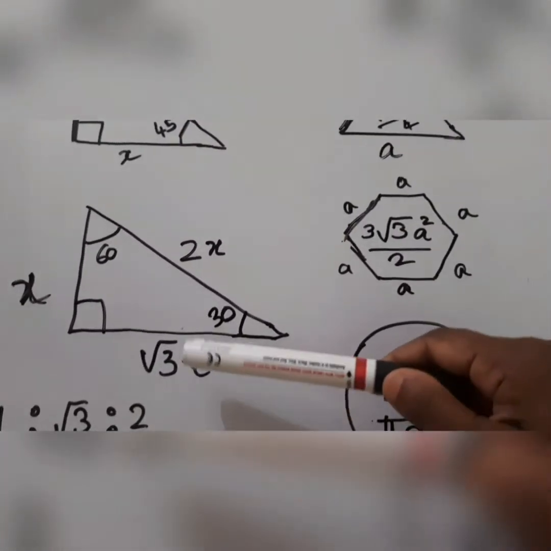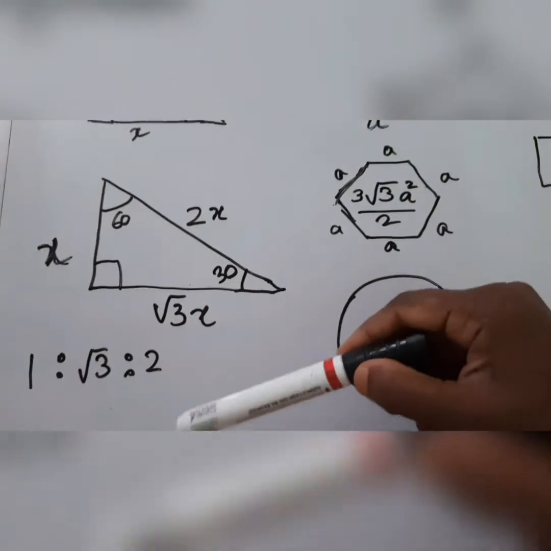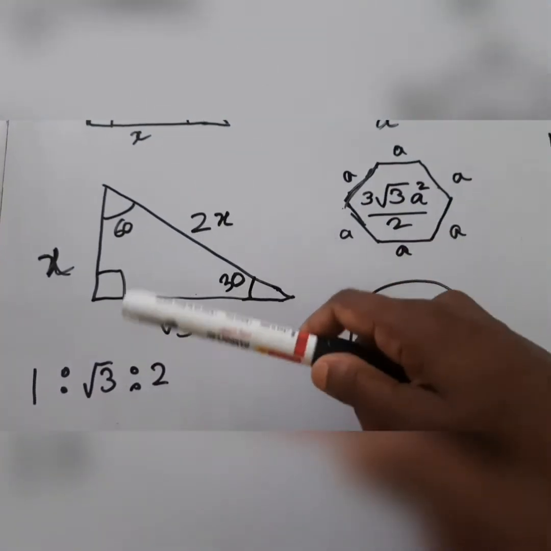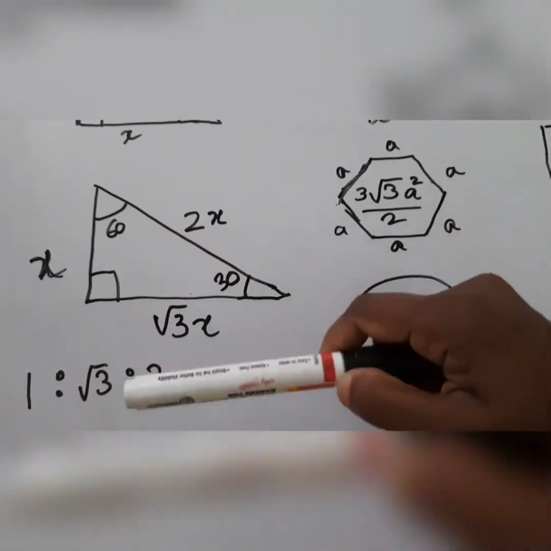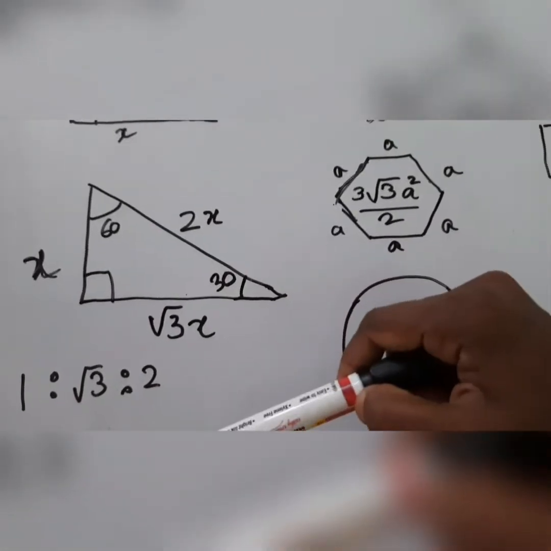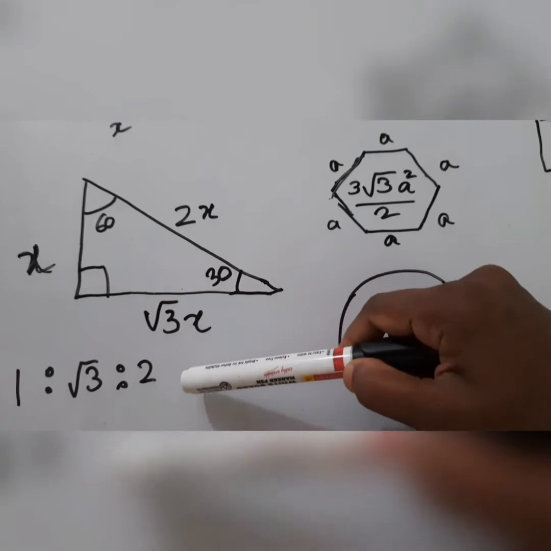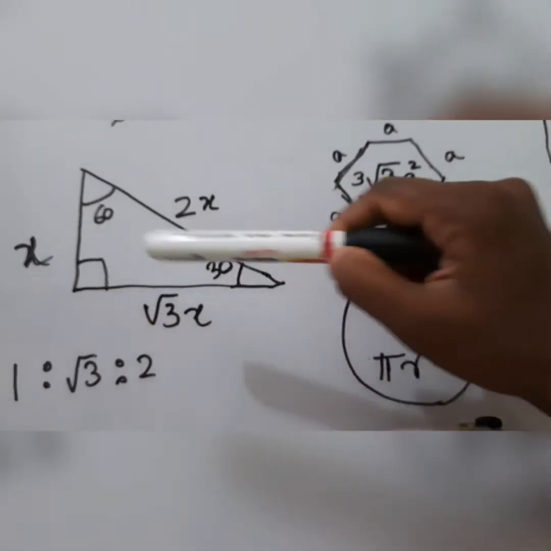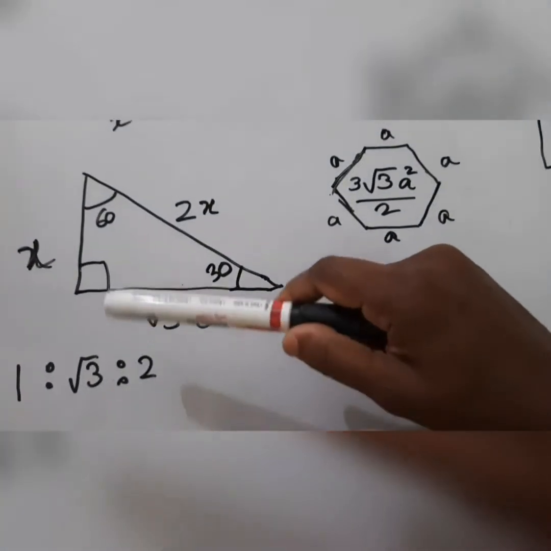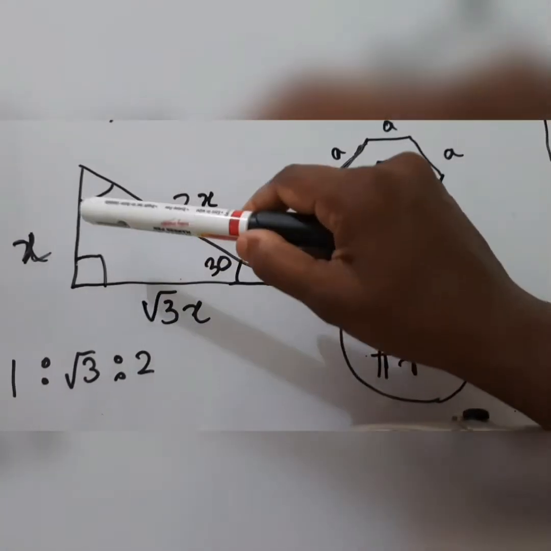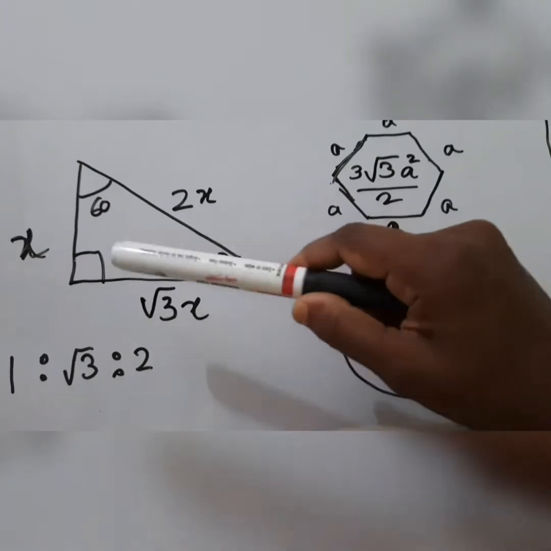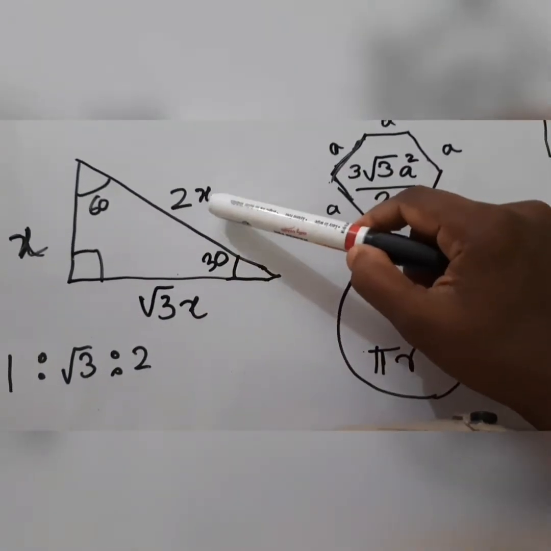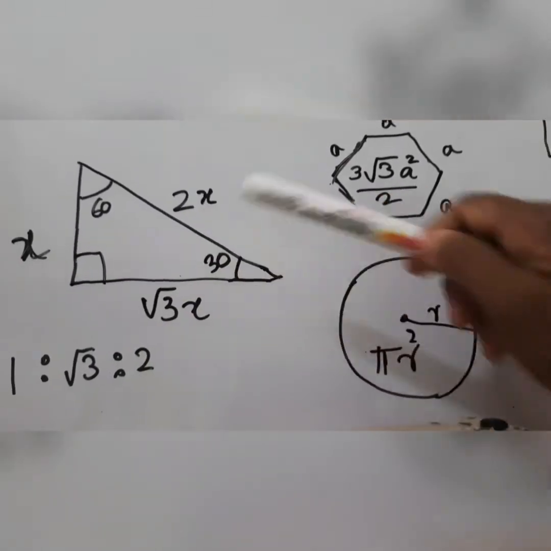The next one is the triangle 90, 60, 30. The ratio will come 1:root 3:2. The side opposite 30 is 1, that is x. Then the side opposite 60 is root 3 x. Then this side is 2x, the side opposite 90 is the biggest one, 2x.